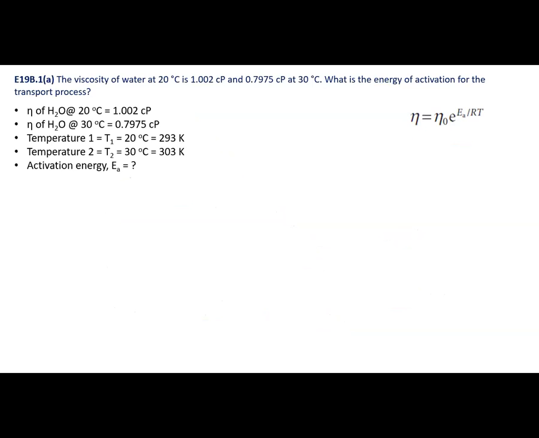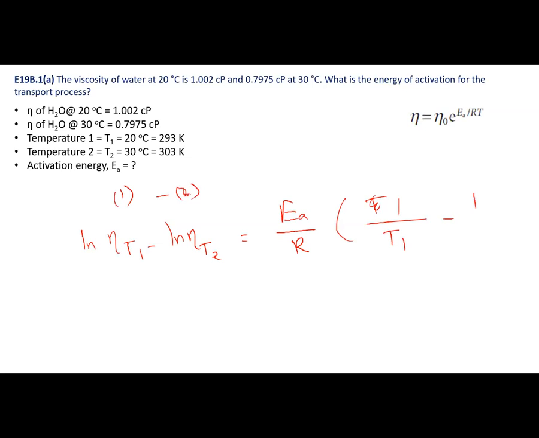Let's call this equation 2. And I'm going to subtract 2 from 1. So it becomes ln eta T1 minus ln eta T2 is equal to EA over R times 1 over T1 minus 1 over T2, because ln eta naught gets cancelled.